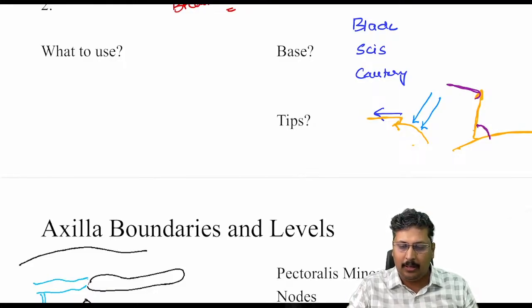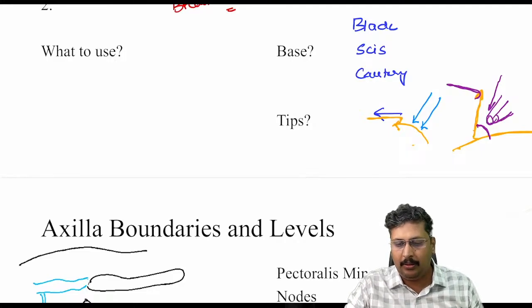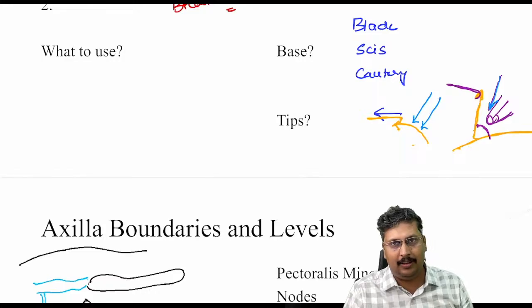And now when you are doing your surgery, your left hand is very important. You are giving very good traction with your left hand on the breast tissue, and then your cautery is relatively parallel to the skin flap. When you do surgery this way, the chances of buttonholing are very minimal.